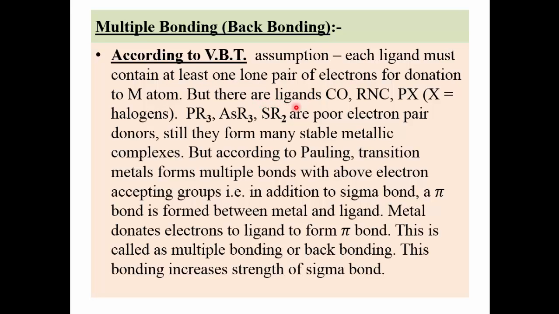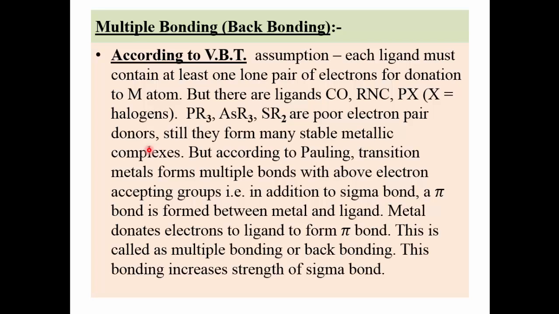But there are some ligands, carbonyl, RNC, PX3, XR, halogens, PR3, AsR3, SR2. These are poor electron pair donors. When a ligand donates the electron pair strongly to the metal ion, there is formation of a strong coordinate covalent bond.